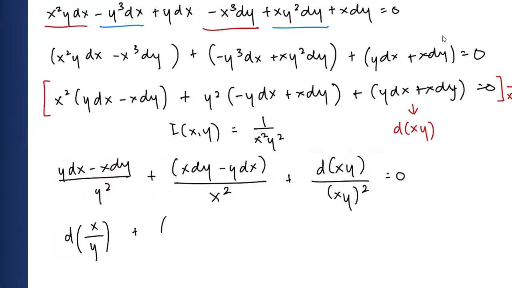So, please refer to the previous video on how to identify that. Here, x is squared, so it means it has an x here, and then y here. So, this is y. Okay? Plus xy to the negative 2 d of xy is equal to 0.